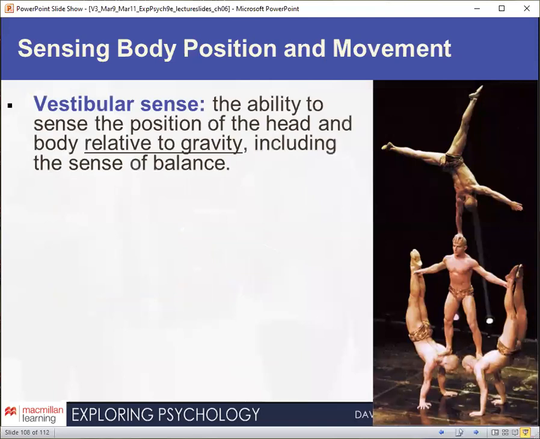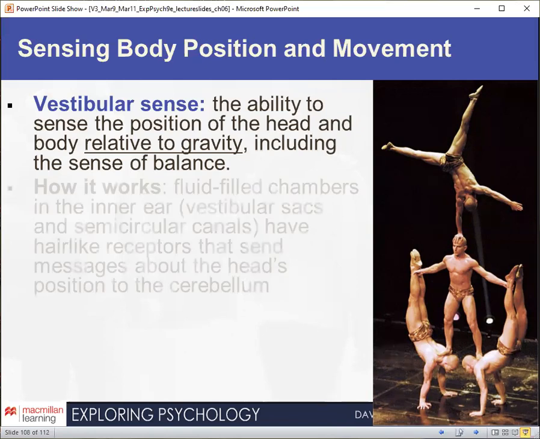So we have the vestibular sense, the ability to sense the position of the head and body relative to gravity, including the sense of balance. As you can see, the gentleman on the right here, without his vestibular sense working properly, could not do that, period. They have to know where they are, where their body parts are, and balance is very key to doing that type of physical stunt.